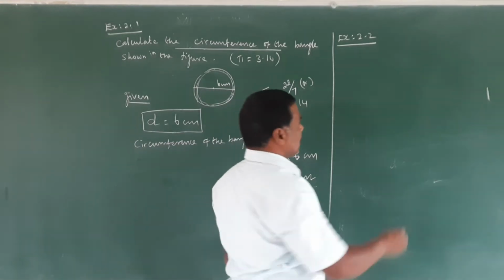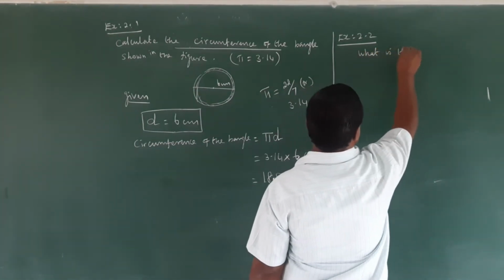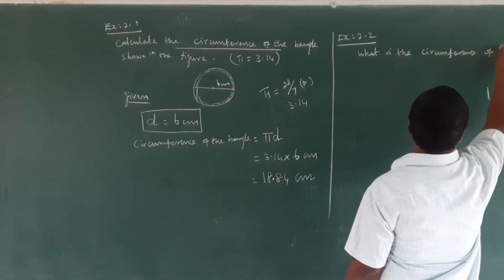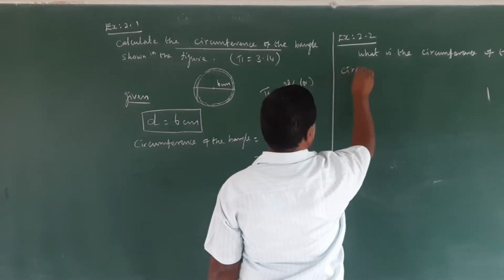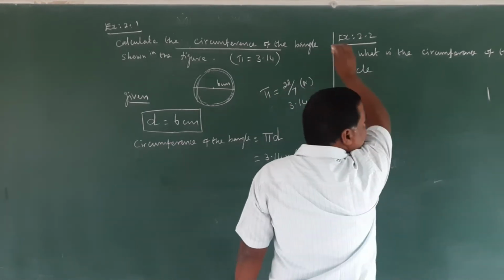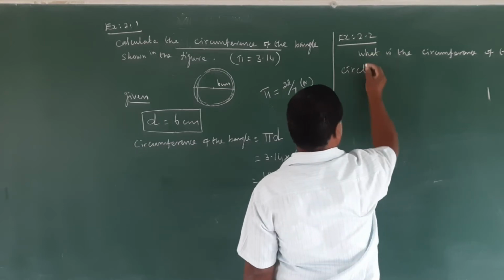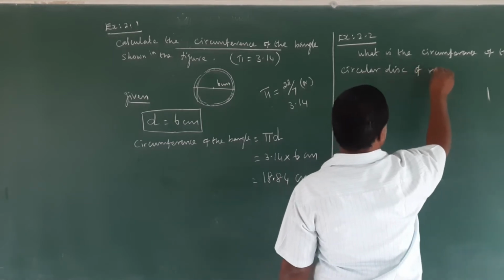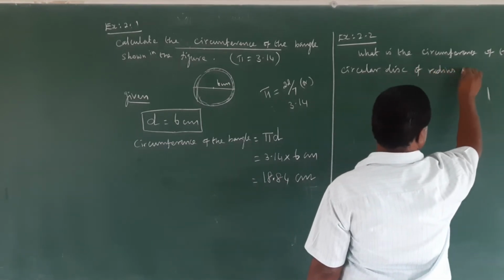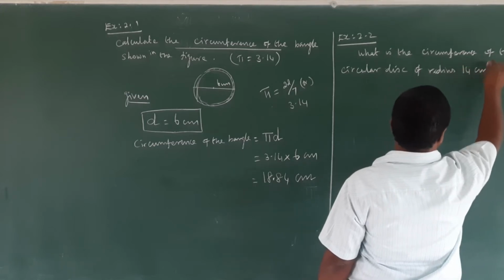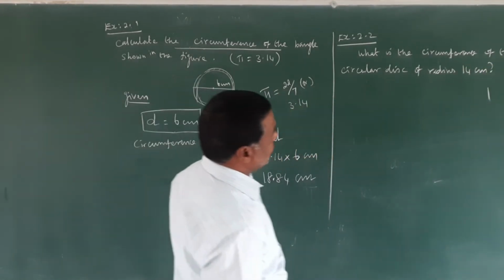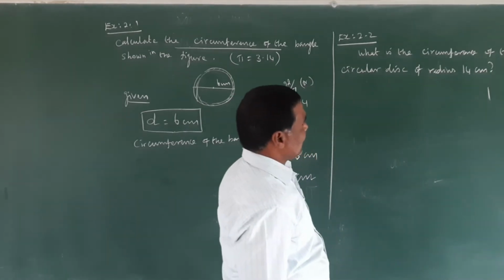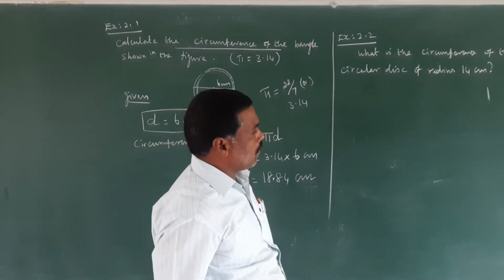What is the circumference of a circular disc of radius 14 centimeter?